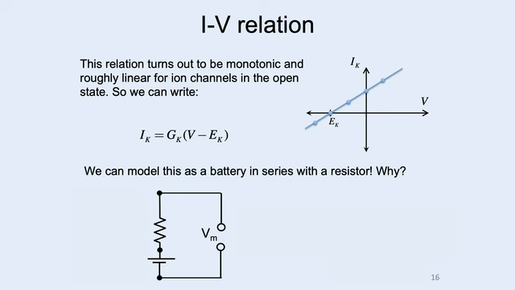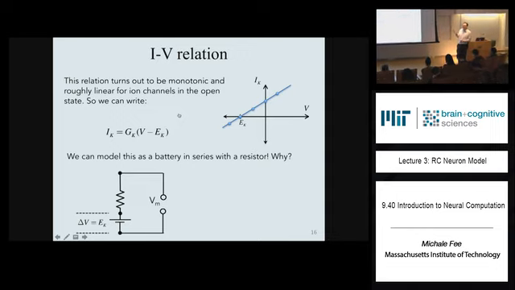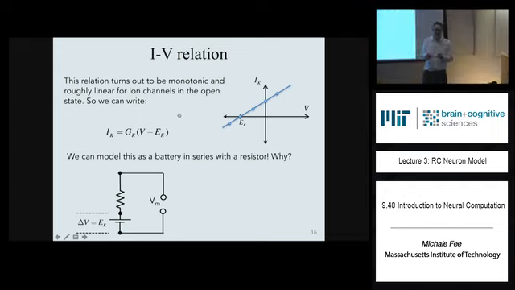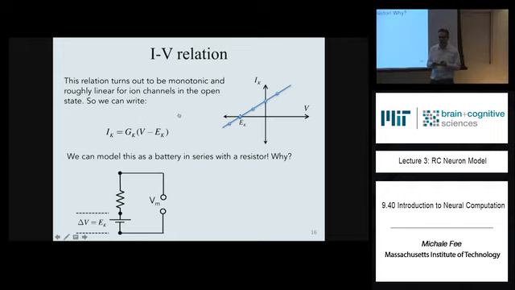Exactly. So the voltage drop across this battery is EK. What's the voltage drop across this resistor, this potassium conductance? What does it depend on? What if the current is 0? What's the voltage drop across a resistor whose current is 0? 0. Ohm's law, right?